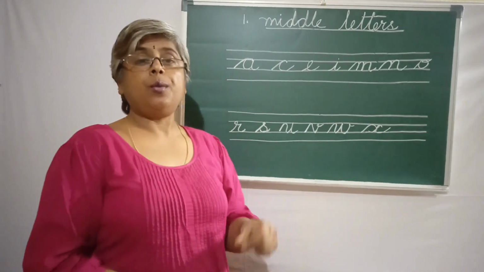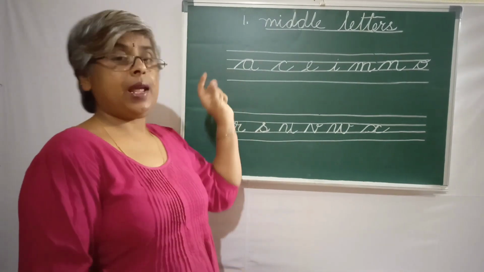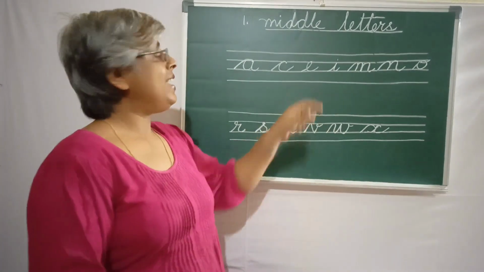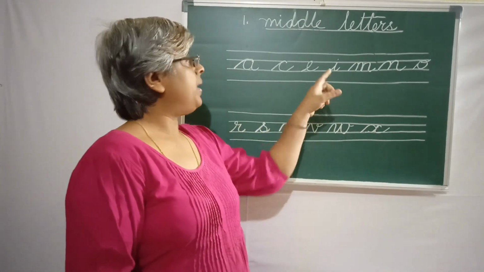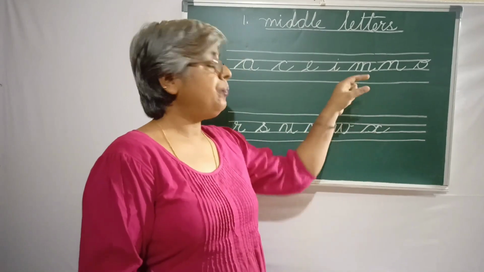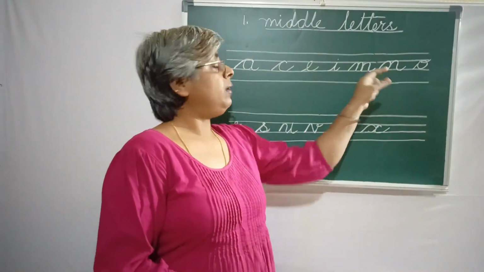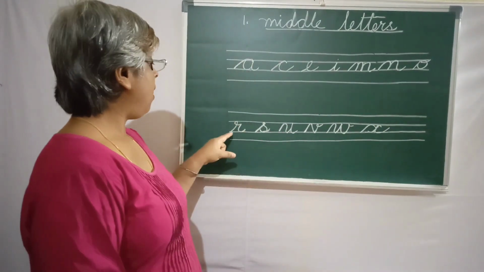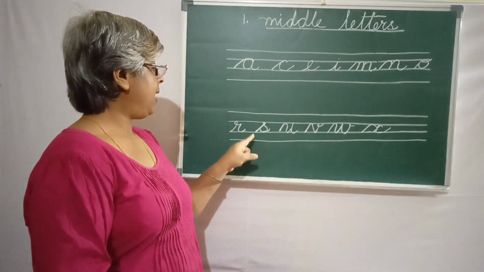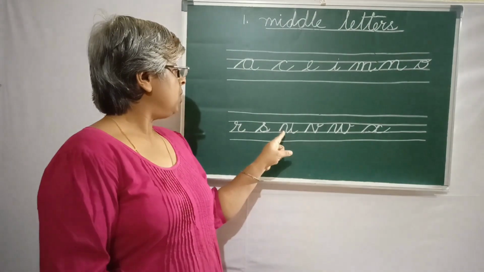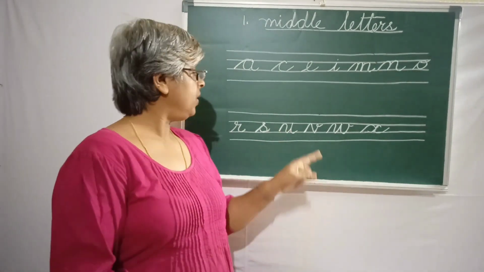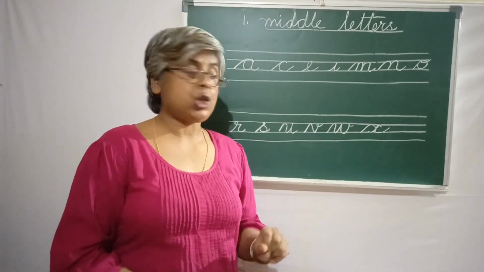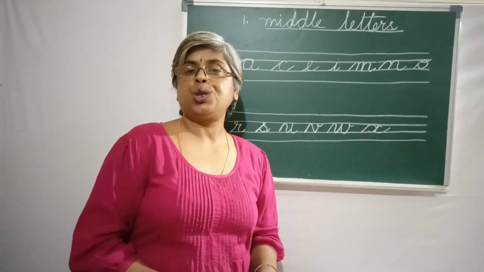So each time when the child is writing A, apple, C, cat, E, elephant, I, ice cream, M, mango, N, net, O, orange, R, rat, S, sun, U, umbrella, V, van, W, watch, X, Xmas tree.